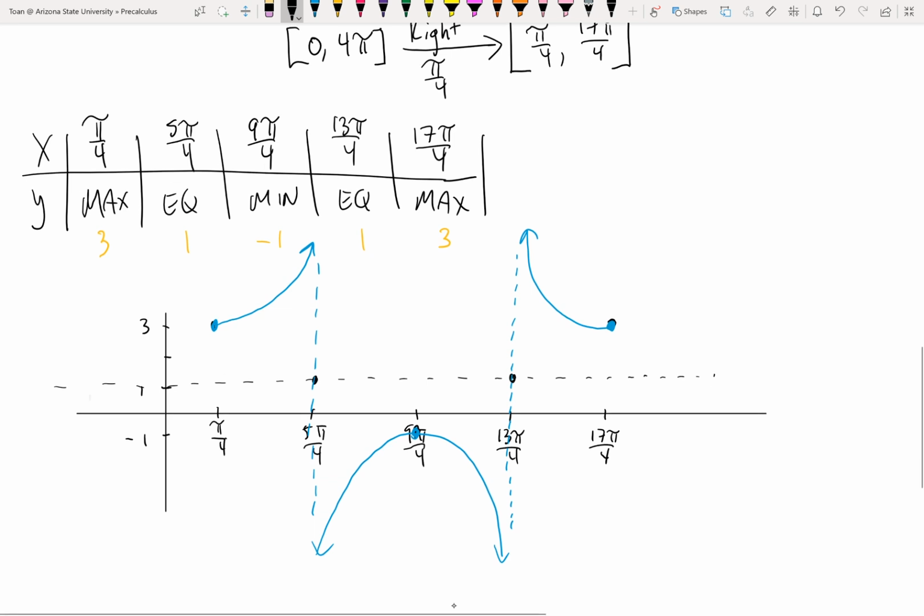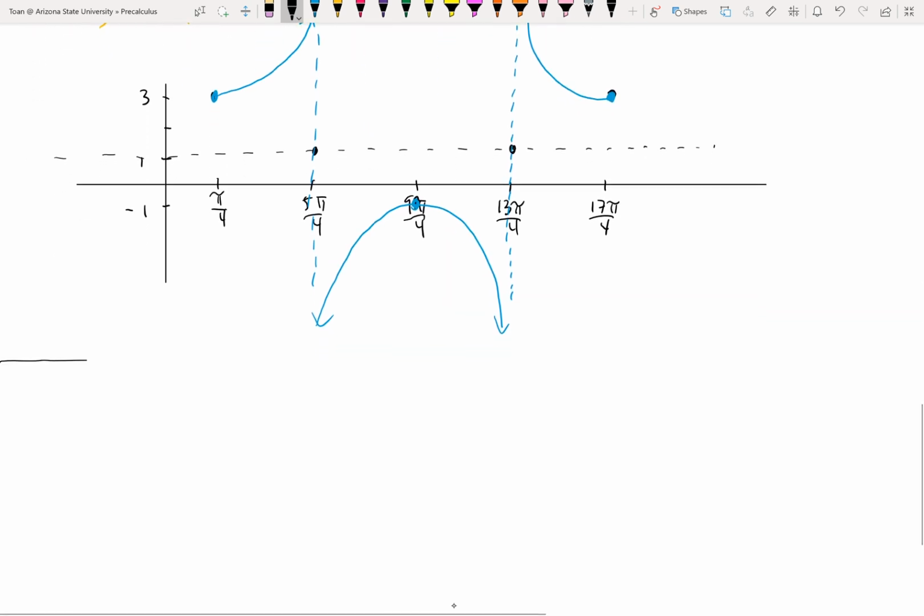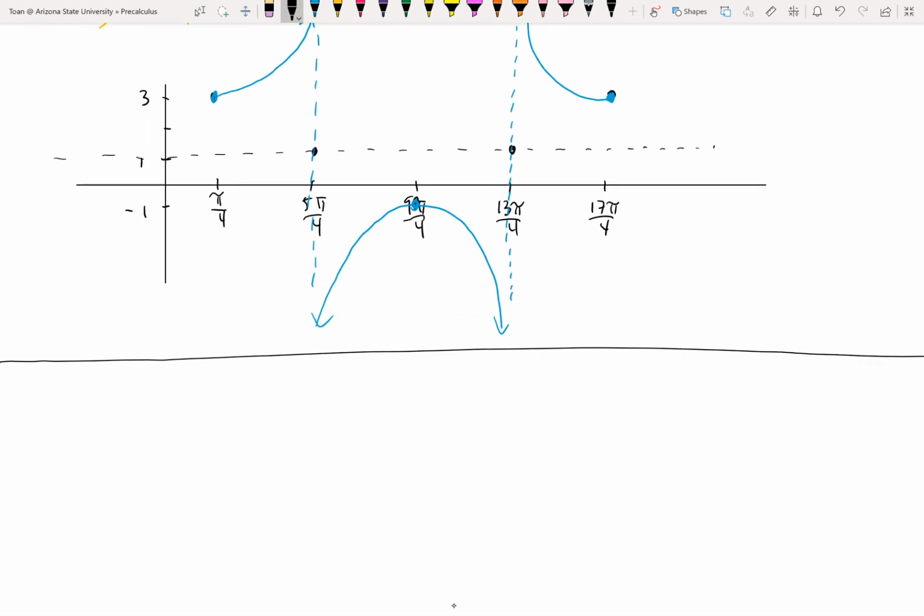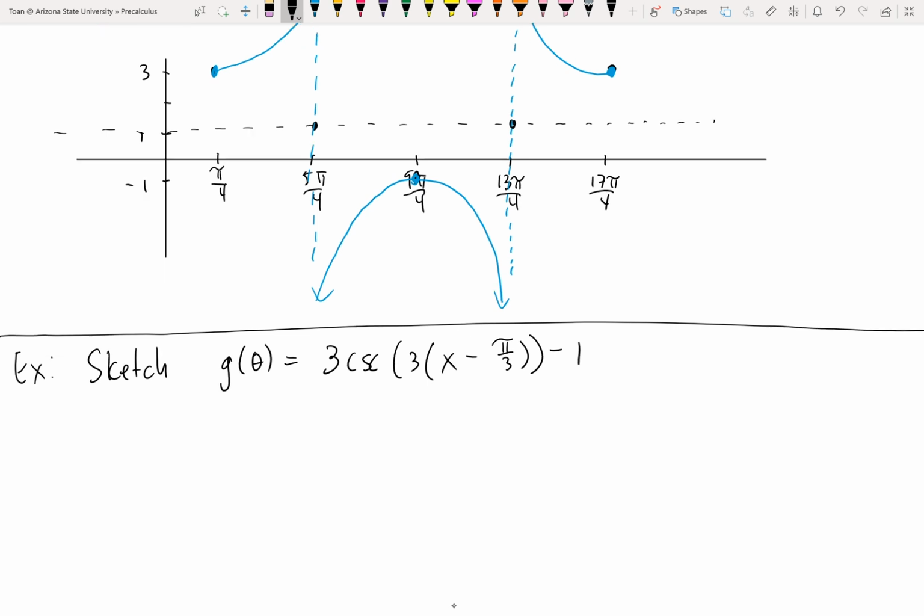For completeness of the notes, let's go ahead and do a cosecant graph. Suppose I ask you to sketch g of theta equals 3 cosecant of 3 times x minus pi thirds, minus 1.